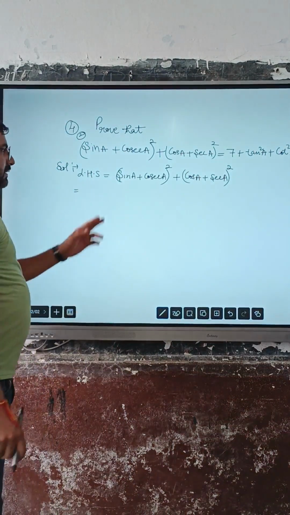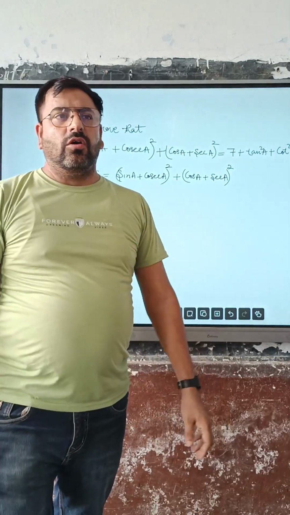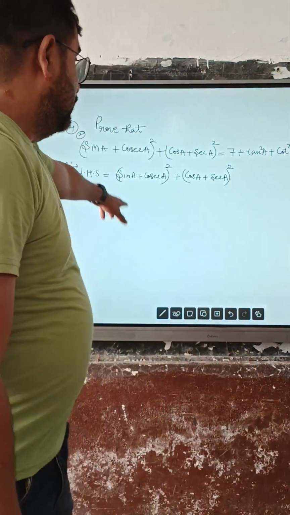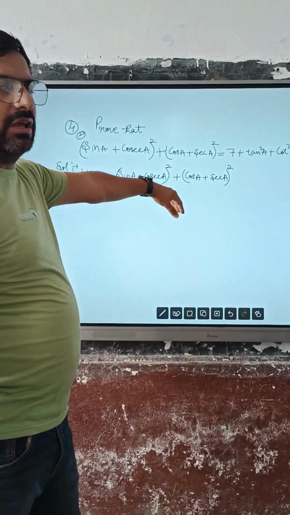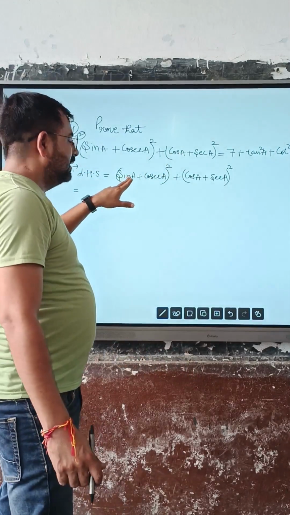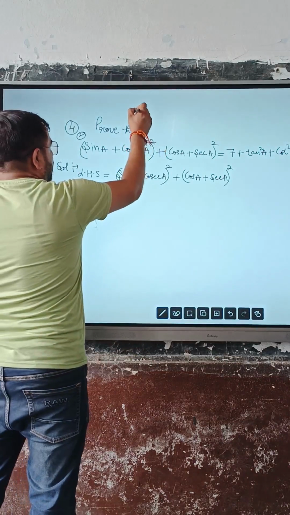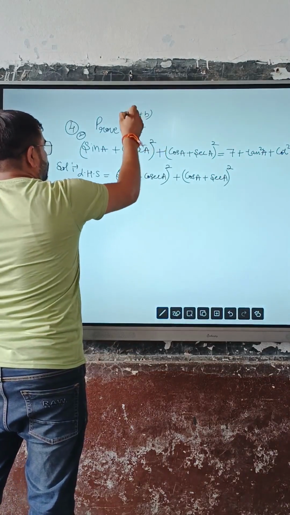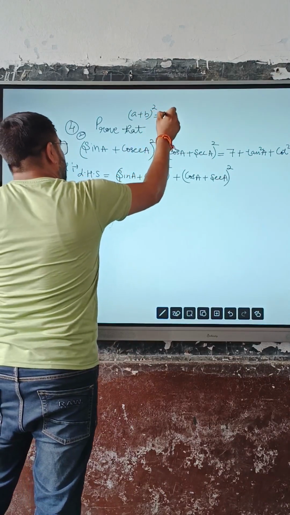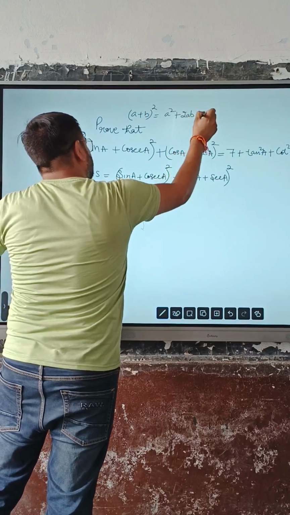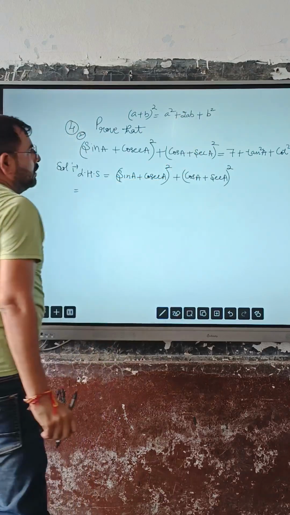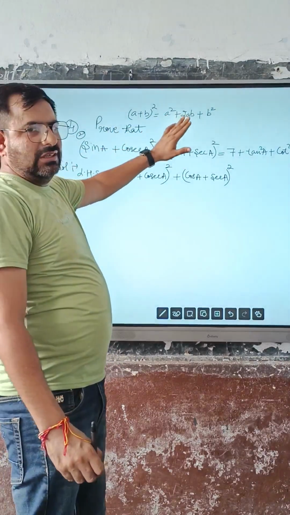Now this is the a plus b whole square identity. First term plus second term whole square means the a plus b whole square identity. That identity is a plus b whole square equals a square plus 2ab plus b square. So we have to use this identity here.